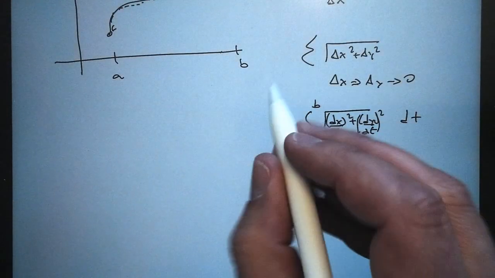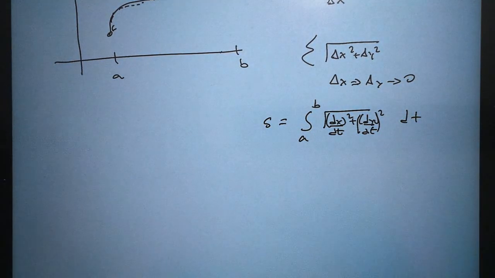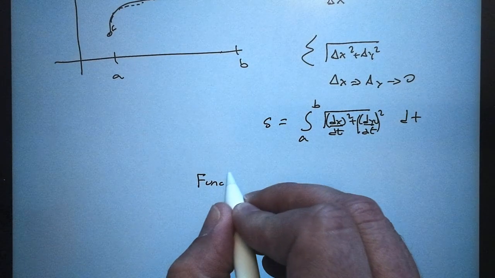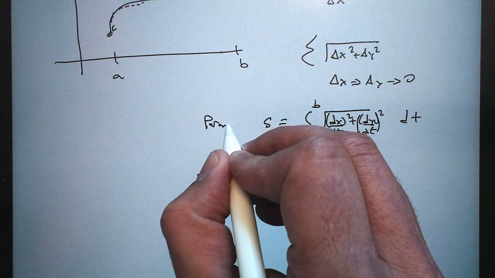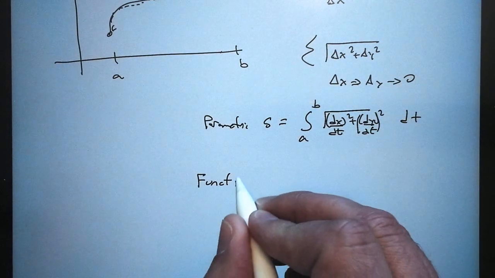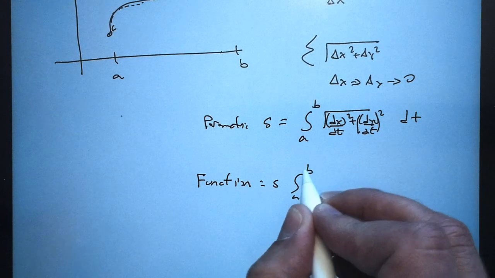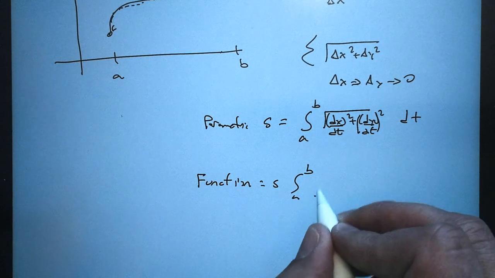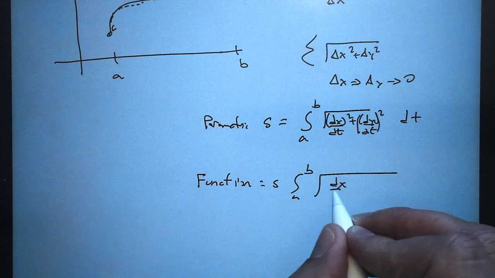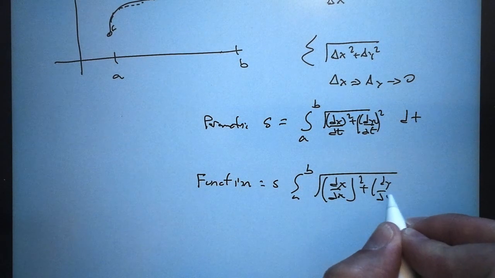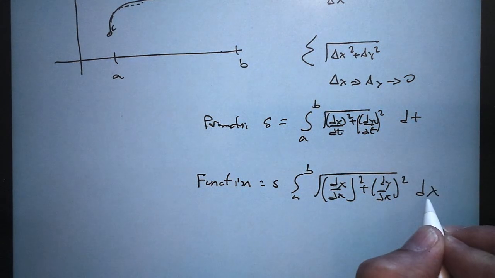Now, that's how we get arc length. This is of course for parametric. If we want to get it for a function, what are we integrating with respect to? We're integrating with respect to not t, but with respect to x. So this becomes the square root of dx/dx squared plus dy/dx squared, dx.